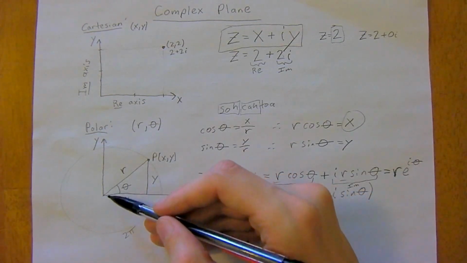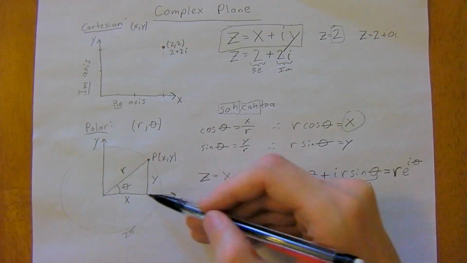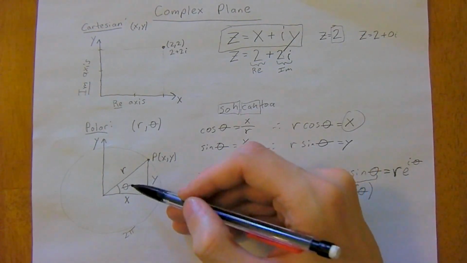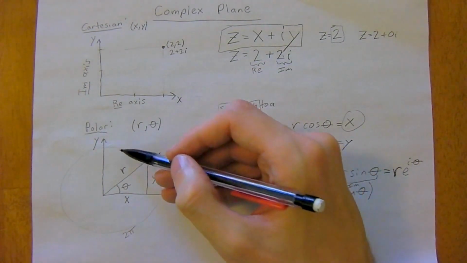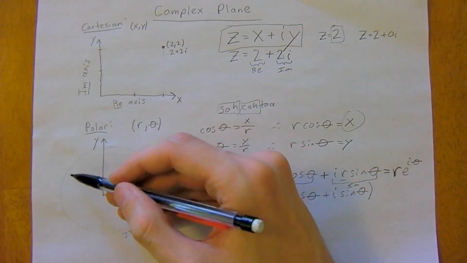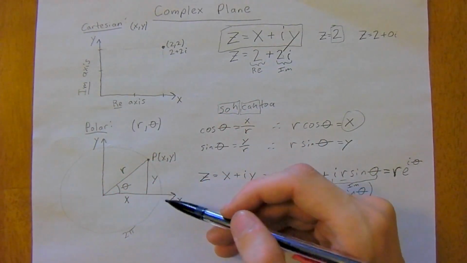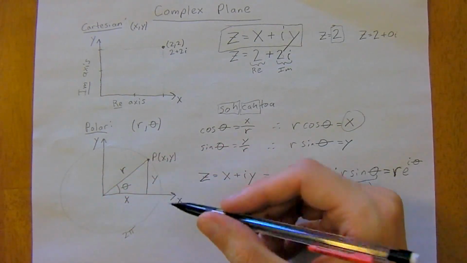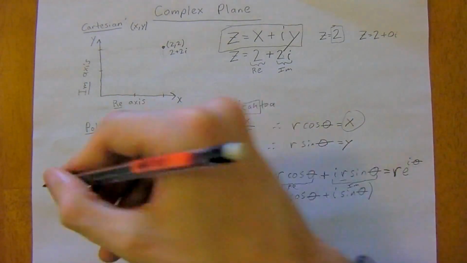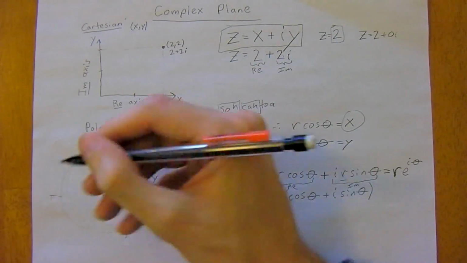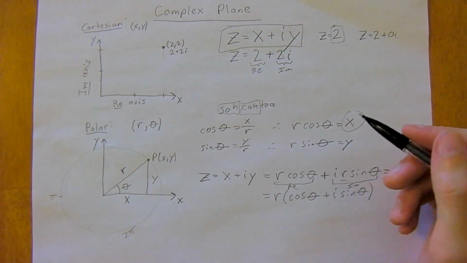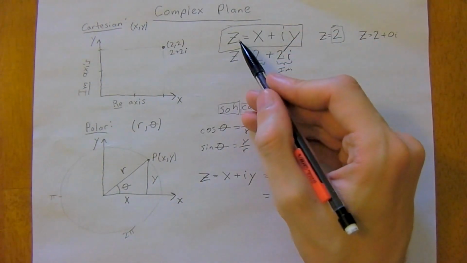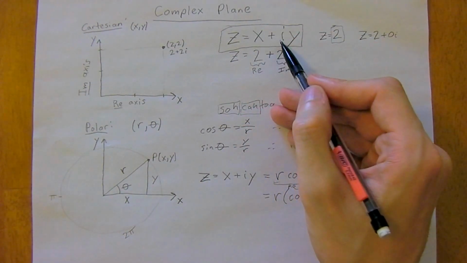But just the basics are, you start on your polar axis, and then you trace out, moving with your angle theta, counterclockwise from the first quadrant to the second quadrant, third quadrant, fourth quadrant, and that whole way around the circle once is equal to 2 pi. Over here is equal to if your angle was pi.